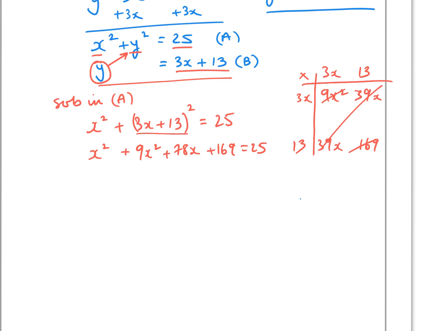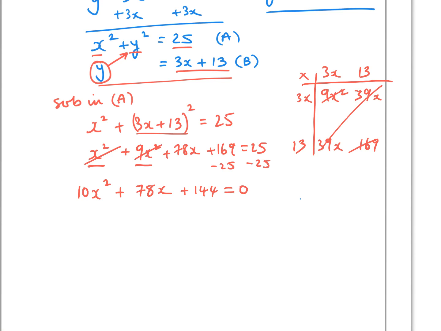Now I'm going to collect all the terms on the left hand side. So x squared plus 9x squared is 10x squared, plus 78x, and then I take 25 from both sides, which gives plus 144 equals 0.